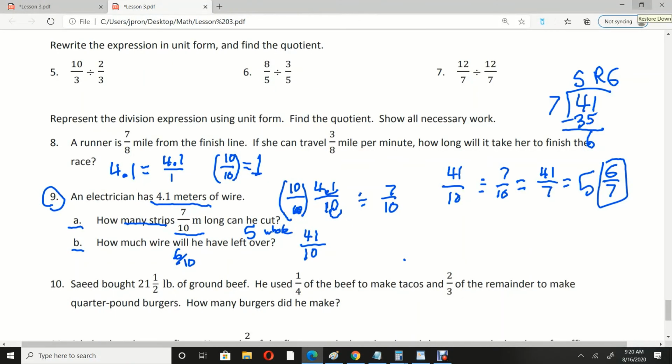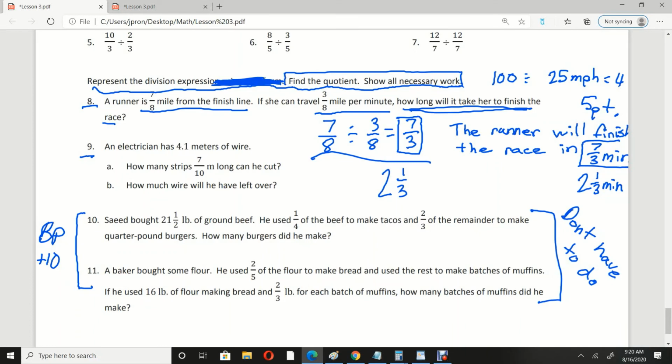Now we're going to go back and talk about this particular situation here. I assigned 8 and 9, so that means those are 5 points each.